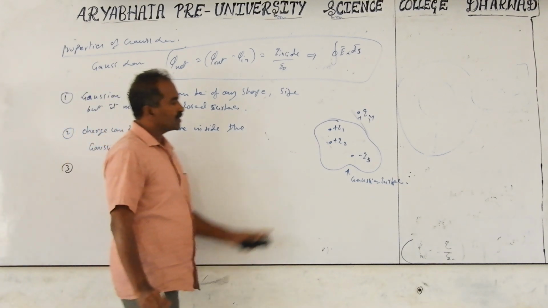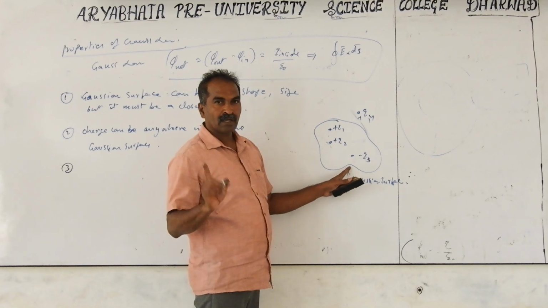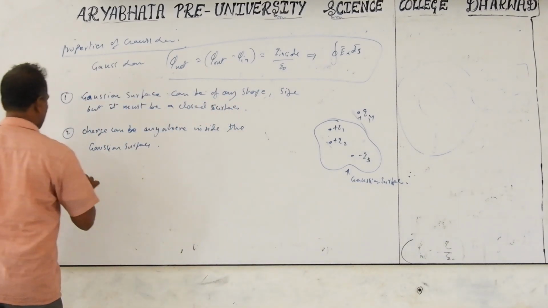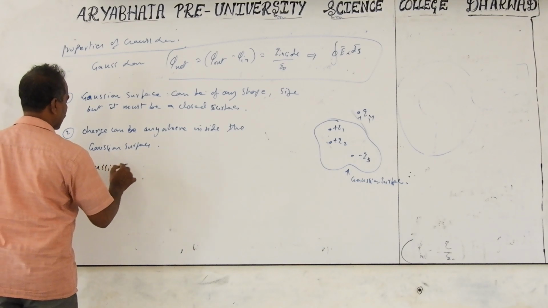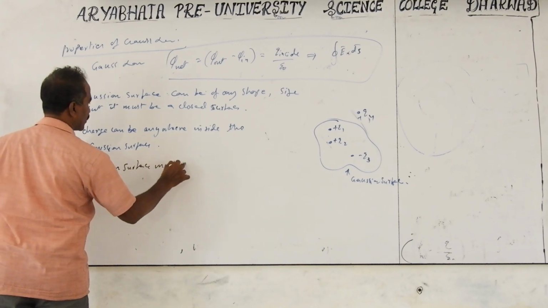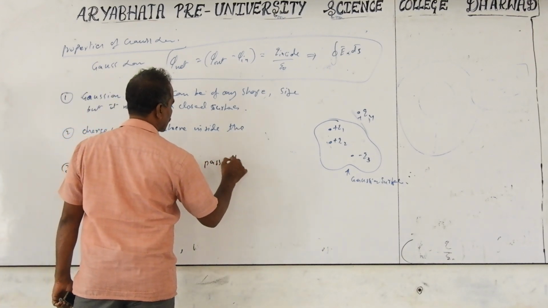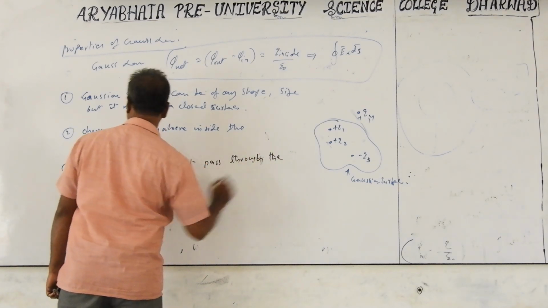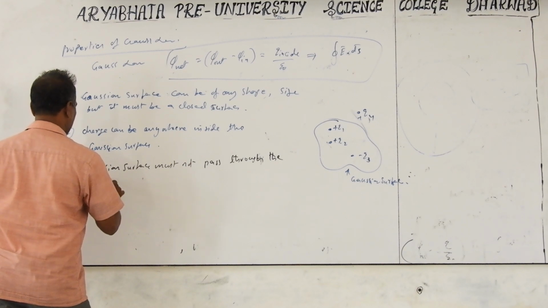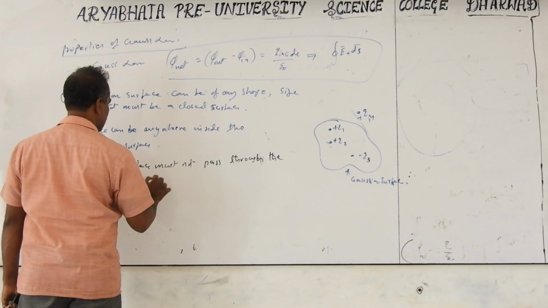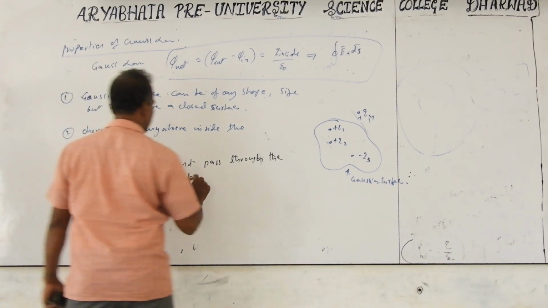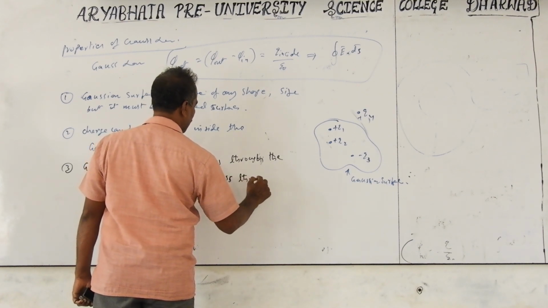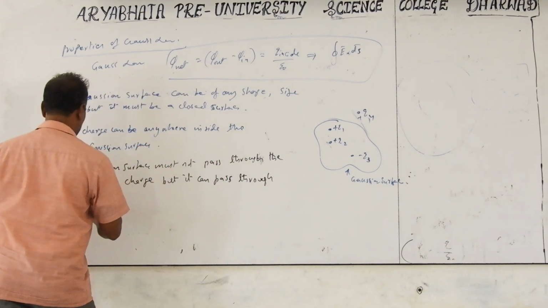But the important thing is that the Gaussian surface must not pass through a discrete charge, but it can pass through a continuous distribution of charge.